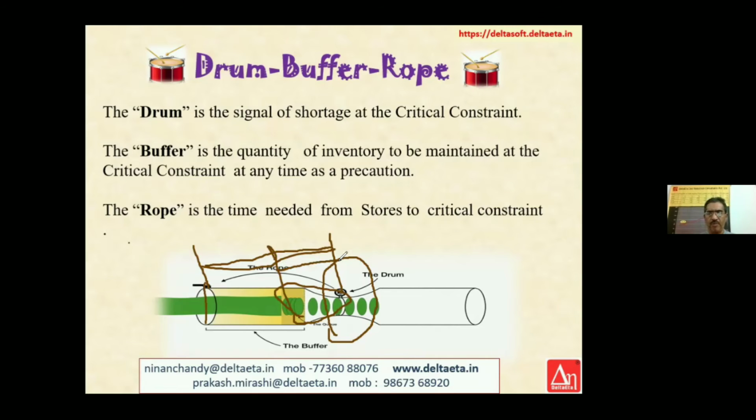You got my point? So if the buffer available is for 1 day, then you should see to it that the rope is started at least 3 days earlier so that the next set of buffer is ready here. In this way, you will prevent the starving of this critical machine.